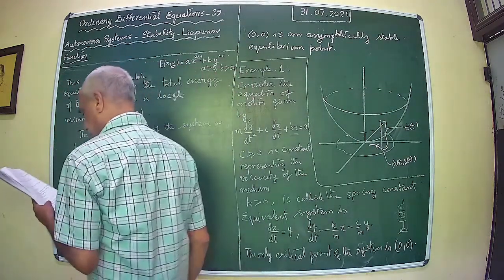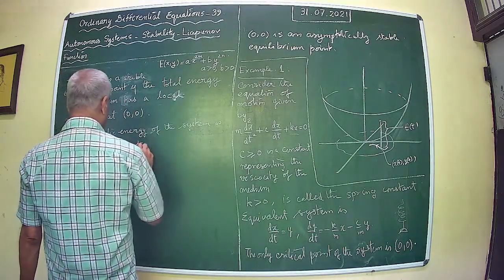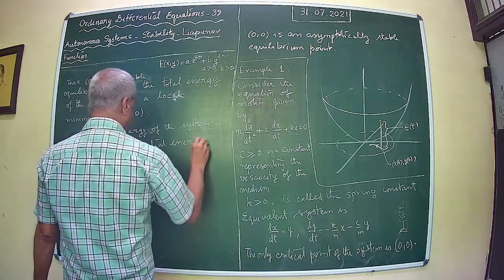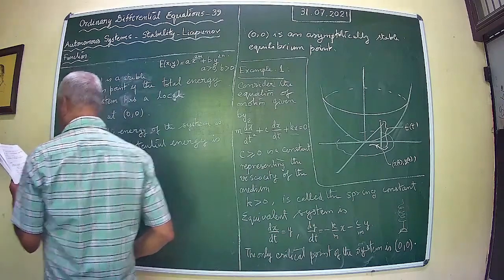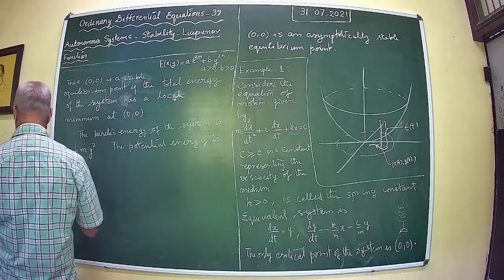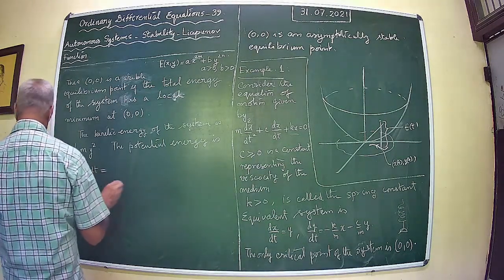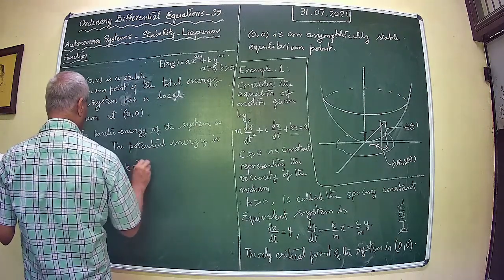Okay, and the potential energy is the integral of kx, which is equal to half k x square.